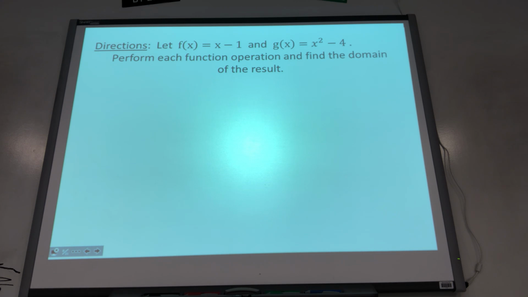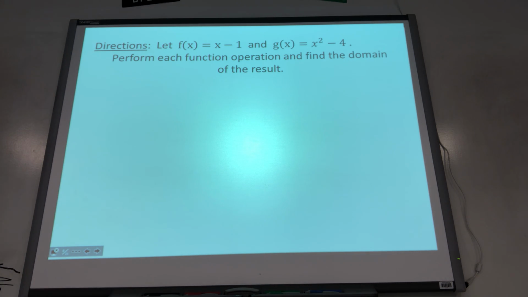Then perform each function operation and find the domain of the result. I think a lot of people on the quiz forgot to write the domain. That was one thing I remembered. They did the operation part just fine, but forgot to state the domain.